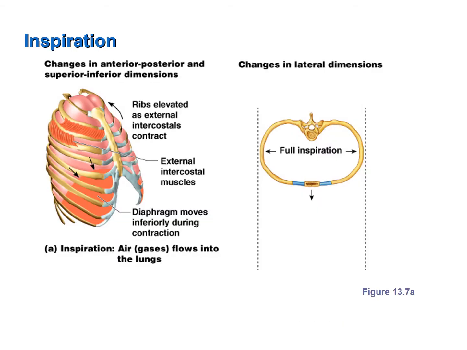With the elevation and outward movement of the ribs and the flattening of the diaphragm, the volume of the thoracic cavity increases. The lungs are attached to the thoracic cavity by the pleural membranes, so as the thoracic cage expands and the volume increases, the intrapulmonary volume of the lungs increases as well.